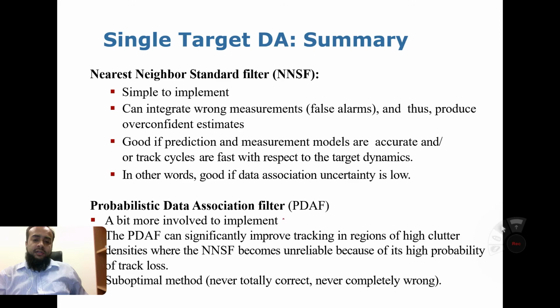Also for the covariance update, we should spread the covariance over all measurements in the validation gate. So the PDA can significantly improve tracking in regions of high clutter, where the NNSF could not work.